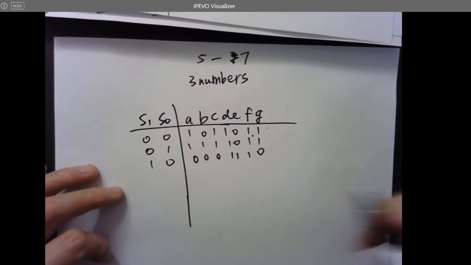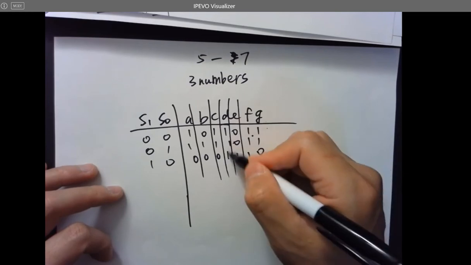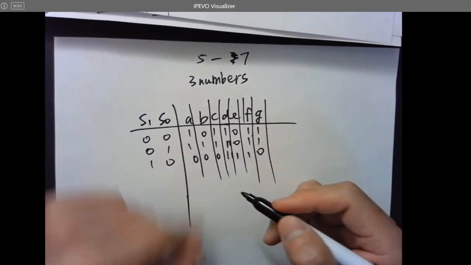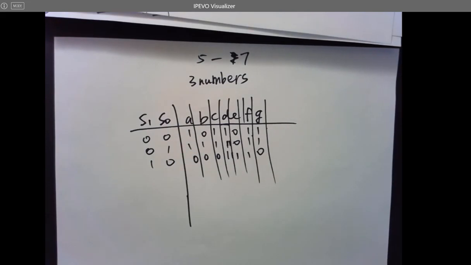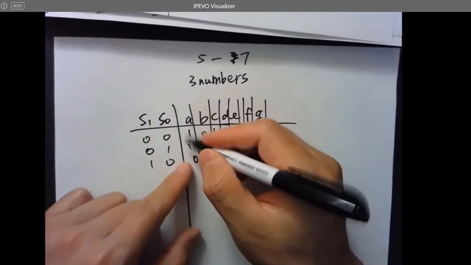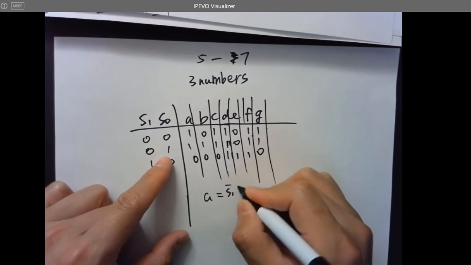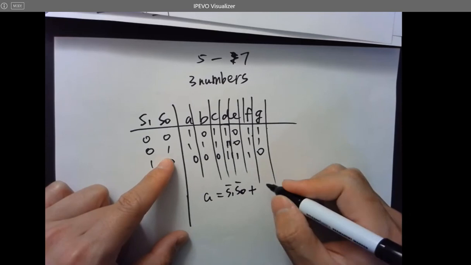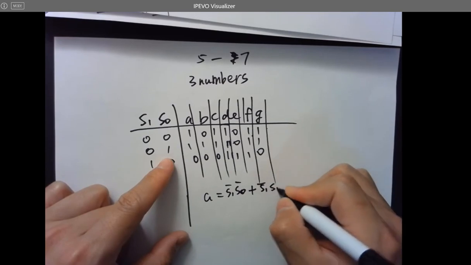And it becomes pretty simple. You don't even need a K-map for this because you have a really limited number of min-terms. For example, this two, you just directly write it down. So for example, A equals to what? A equals to S1 not, S0 not, plus S1 not, S0, right?